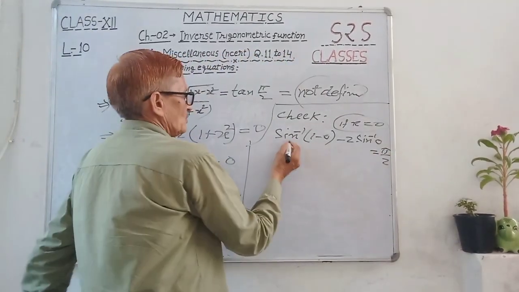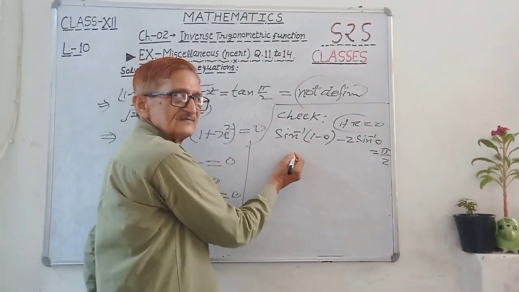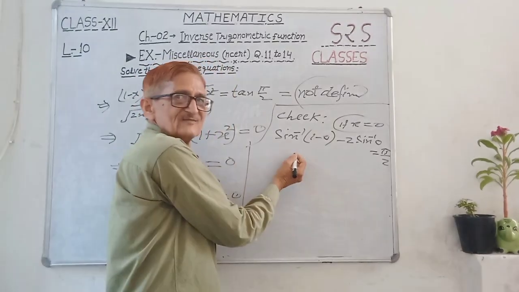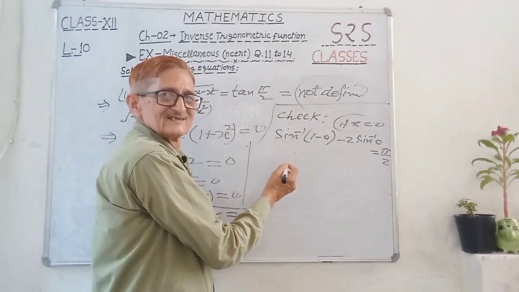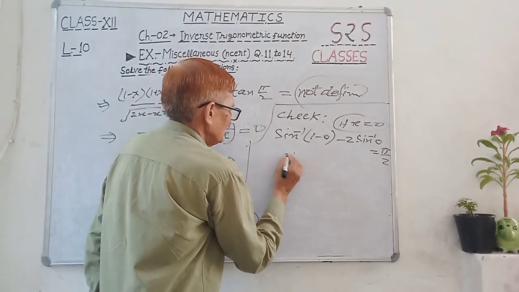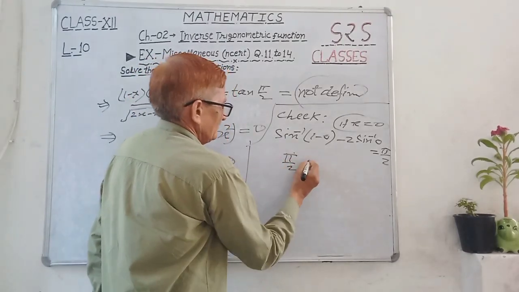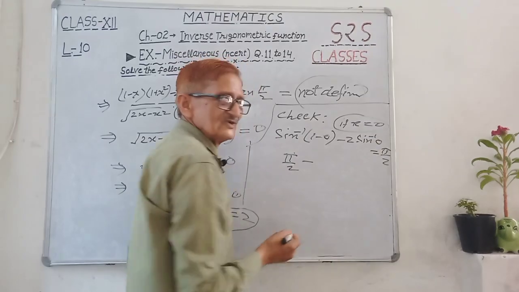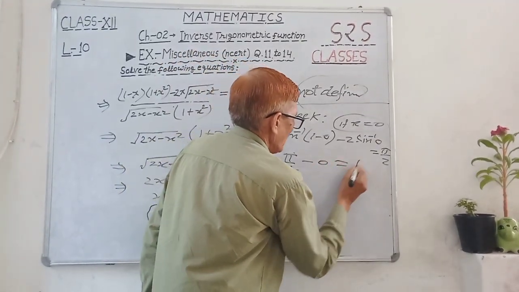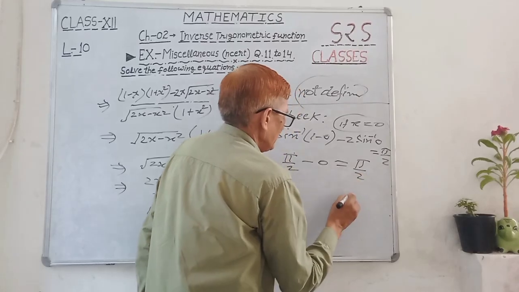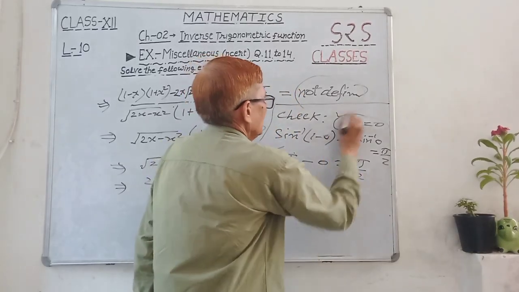See, is it verified or not? Sin inverse 1, how much angle will come? That is 90 degree, then pi by 2, minus sin inverse 0 is 0. So 0 into 2, 0, is equal to pi by 2. Verified. Okay, first case is okay.